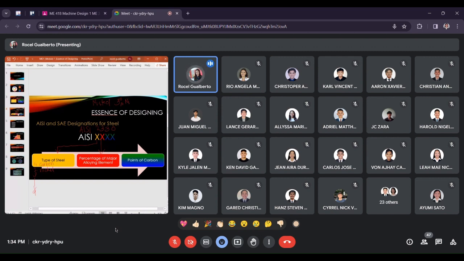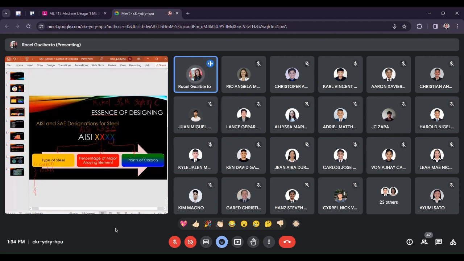And then the last 2 digits refer to the points of carbon, which is the most important in design. In this case, we have 30 points of carbon.